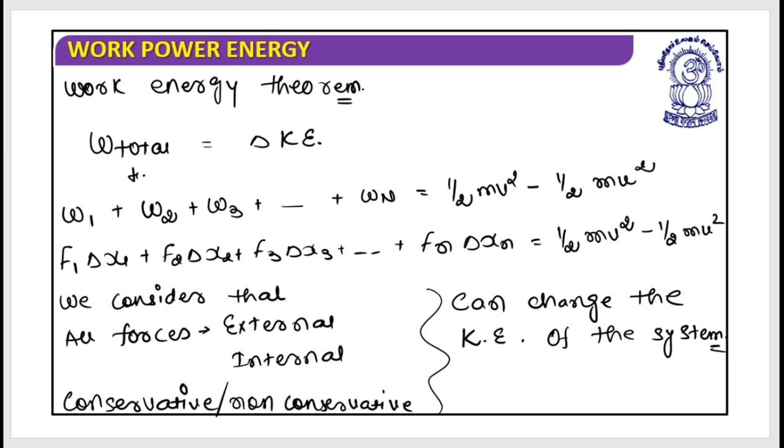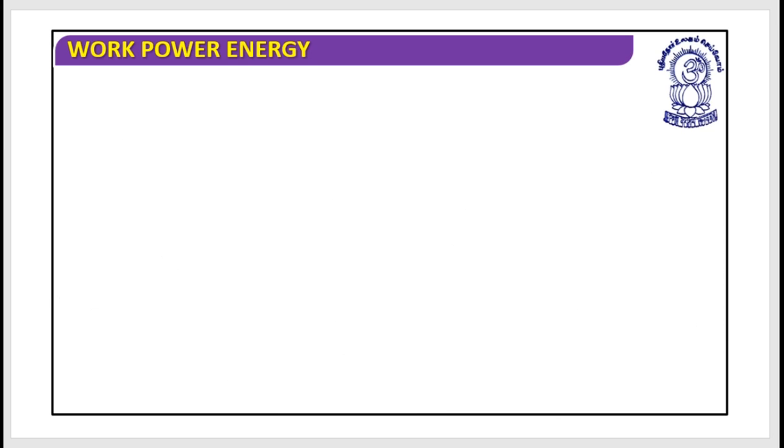After having the work done due to all the forces, I would equate that total work done with the change in kinetic energy. That's it. That is what I need to do. I hope this is clear. Is it clear? Great. So let's work on a new question.